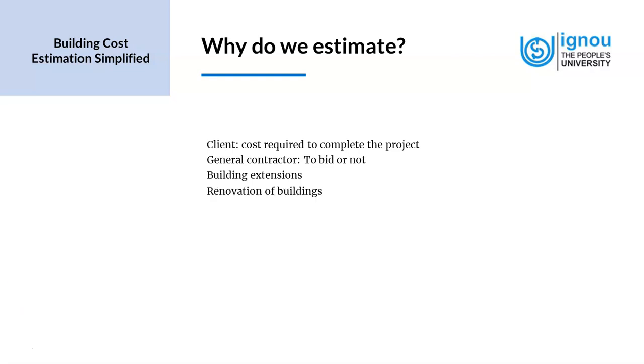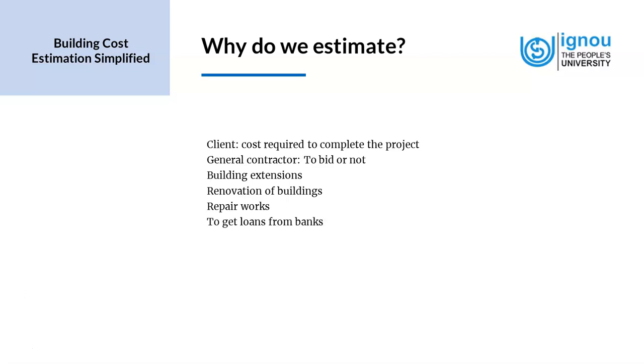Renovation of buildings where we might have to replace old materials or use a more relevant, more sturdy structural system. And for such purpose also we need to estimate. We also need to estimate repair works, especially if it is of a large scale. And this gives the idea of how much the cost involved would be.